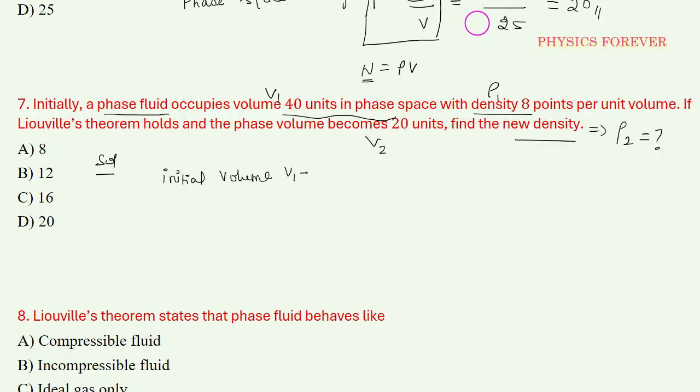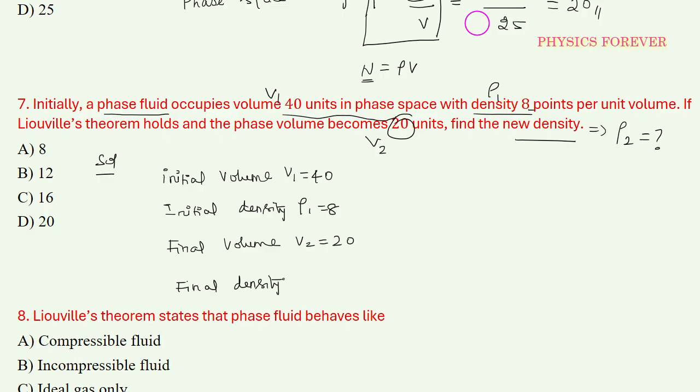Initial volume V1 is equal to 40. Initial density rho 1 is 8. Final volume V2 is equal to 20. The final, new density is rho 2.